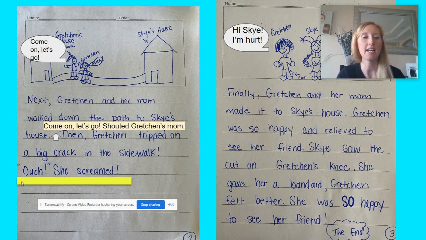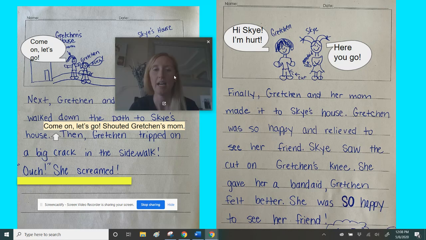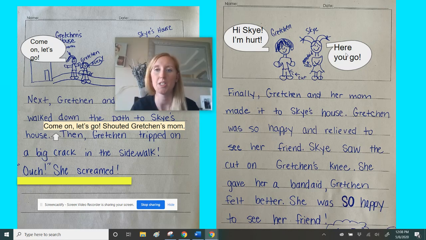Okay. And then I highlighted down here because I want you to notice that I used this already in my writing. It says, "Ouch," she screamed. Okay. And then on my last page here, I just went ahead and added 2 speech bubbles for when Gretchen got to Sky's house. "Hi, Sky, I'm hurt. Here you go." So Sky handed her the Band-Aid.